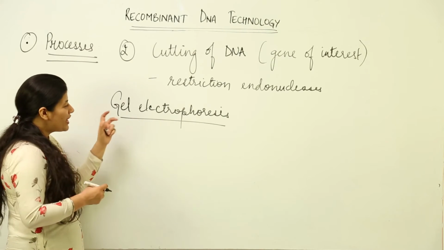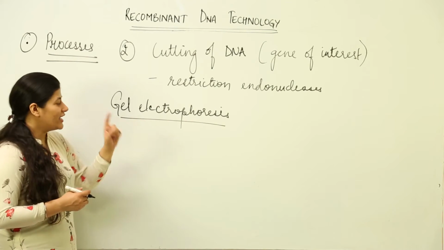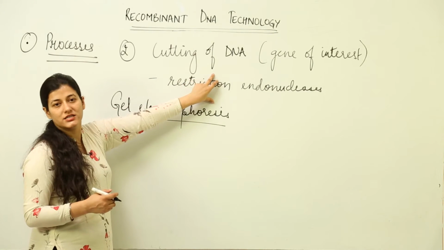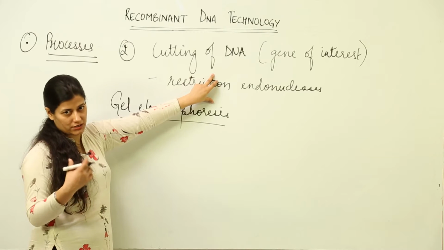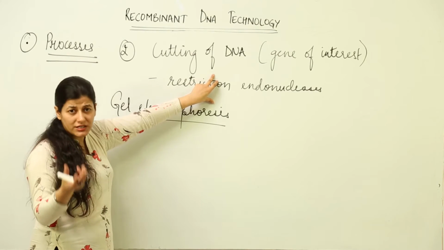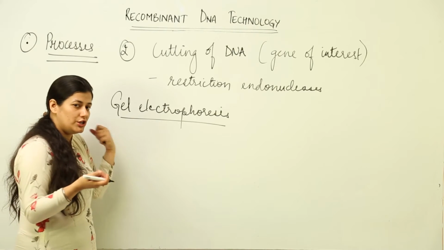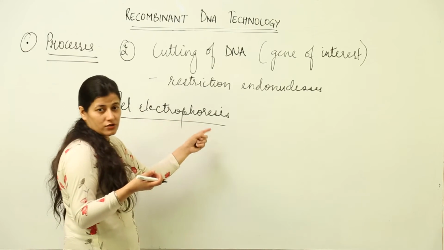Just an overview of what gel electrophoresis is. In gel electrophoresis, the fragments which are cut as a result of restriction endonucleases acting on the DNA are separated out. We have to extract out the gene of interest by using gel electrophoresis.